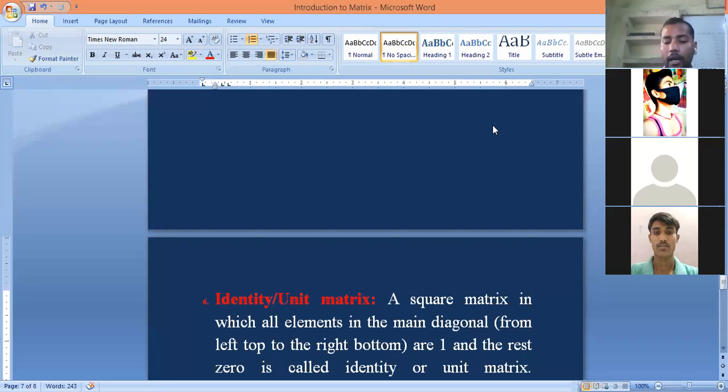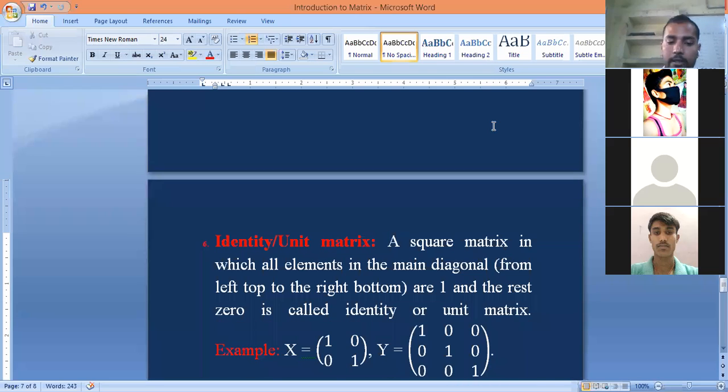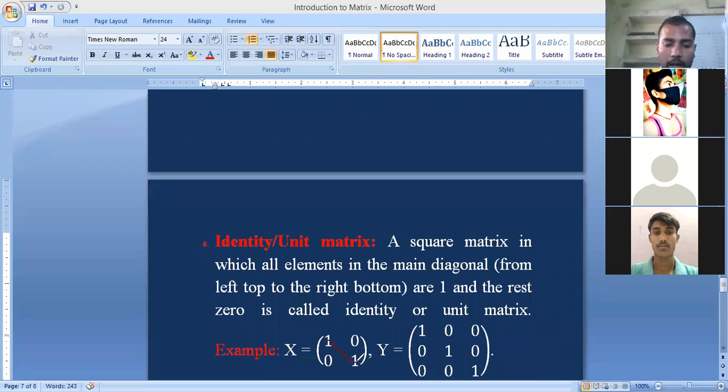Here in the example you can see we have the given matrix X where the elements are 1, 0, 0, 1. That means you can see the 1s are in the diagonal form of a square.